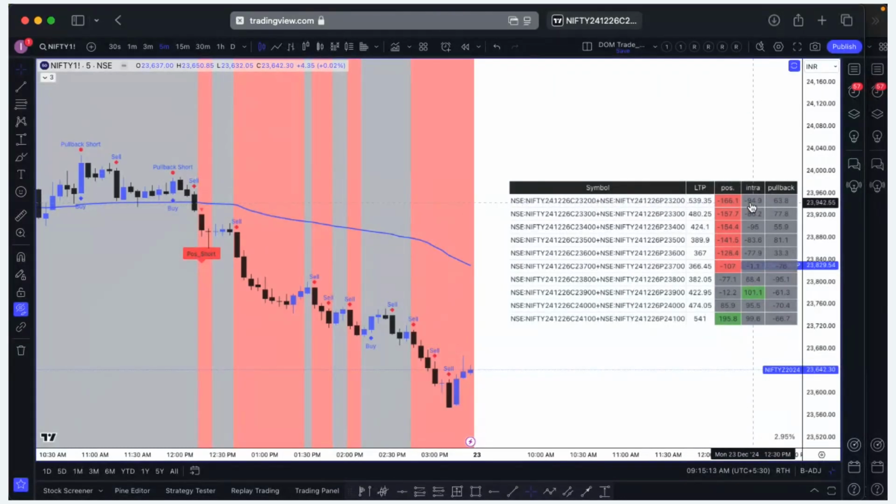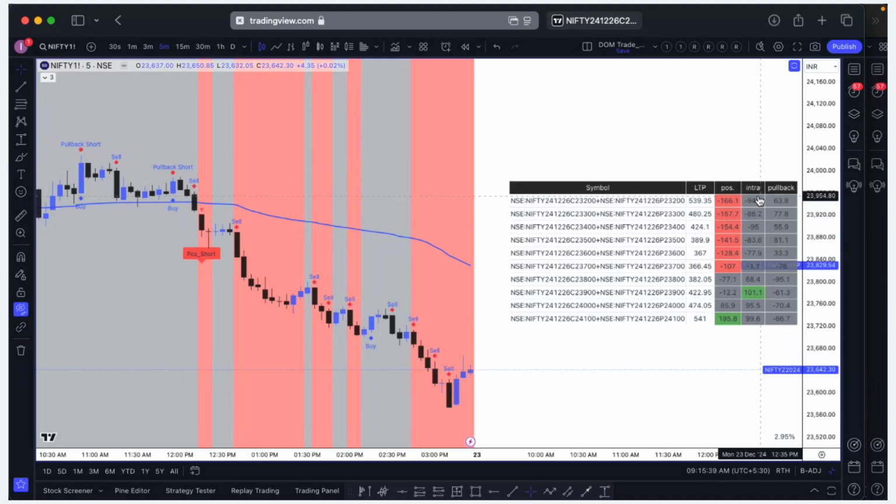You sell this straddle. Suddenly there could be a pullback, so the value starts to increase into the positive side. From minus 100 it will go to minus 90, minus 80, minus 70, minus 60, and so on. It will go to a positive value.